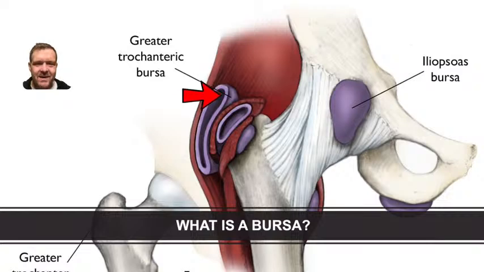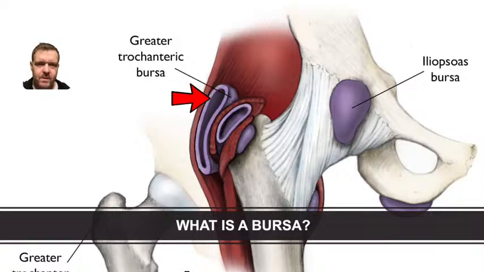Okay, so these purple things here, these are the bursa, or representing the bursa, and if you have a look, they're in between muscle layers and also in between the bone and the muscle there. So what they do is they provide a friction-free surface for muscles to run over, so that, I mean, if you imagine that wasn't there, then it would just be muscle on muscle, and then because they're moving so frequently, they would start to fray the edges of the muscle, and it would start to become fibrotic.